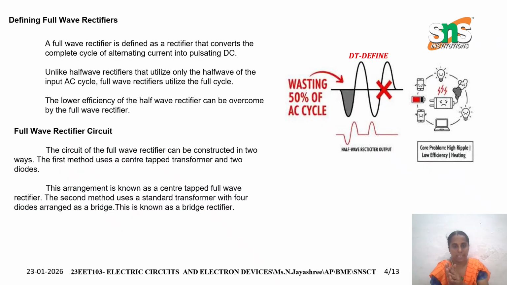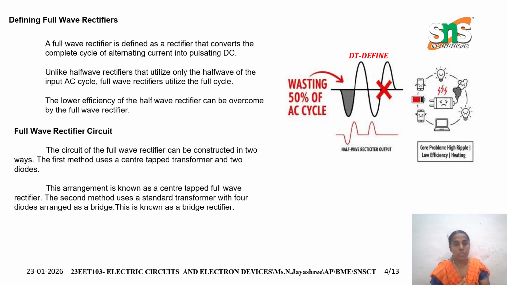the design of full wave rectifiers. The full wave rectifier is defined as a rectifier that converts the complete cycle of alternating current into pulsating DC. Unlike half-wave rectifiers, which utilize only the half of the input AC cycle, the full-wave rectifier utilizes the full cycle.